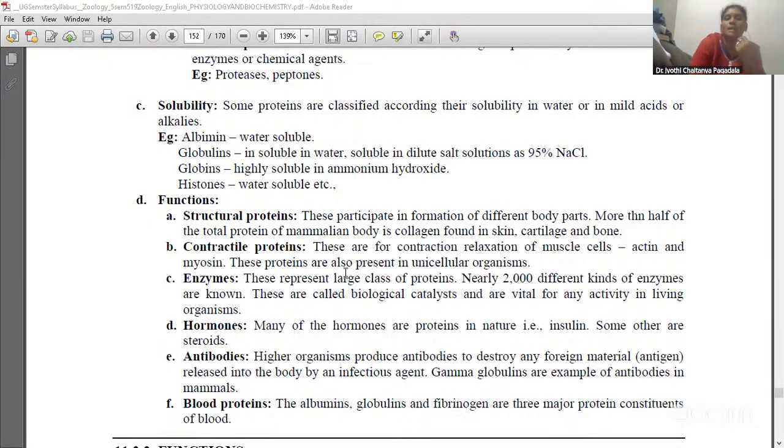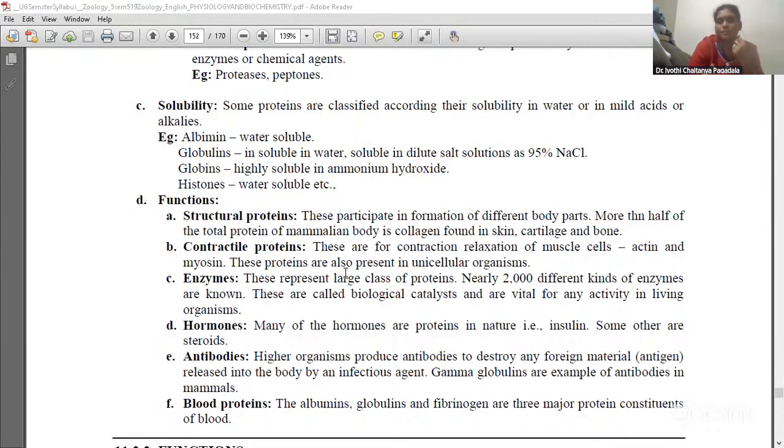So this is the higher organism which produces the antibodies which destroy the foreign material. Here the gamma globulins are the best example. Gamma globulins are examples of the antibodies in the mammals.